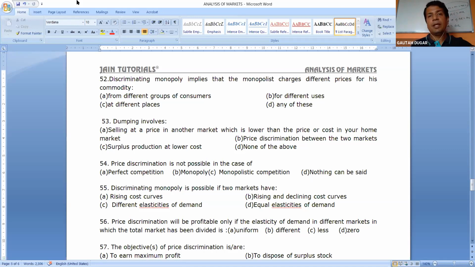You know why? You have to correlate this with the topic of elasticity of demand. In a market having elasticity greater than 1, the monopolist will charge a lower price.